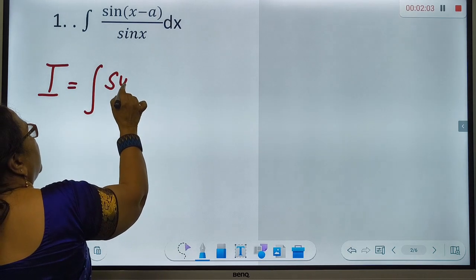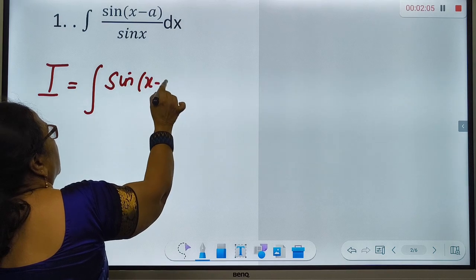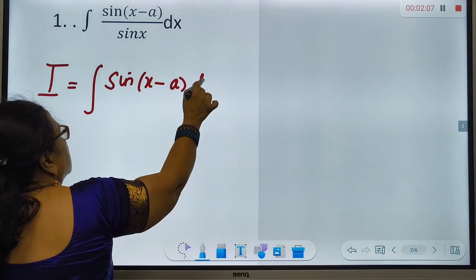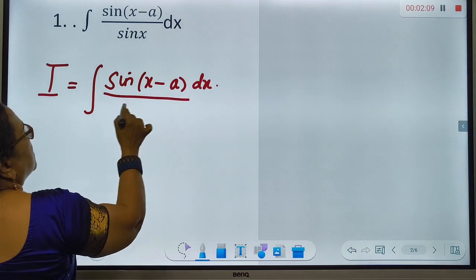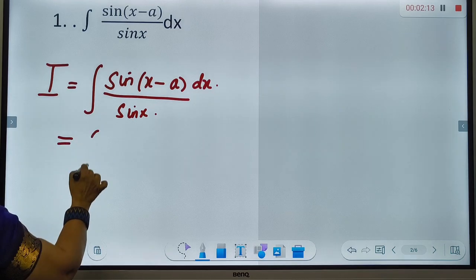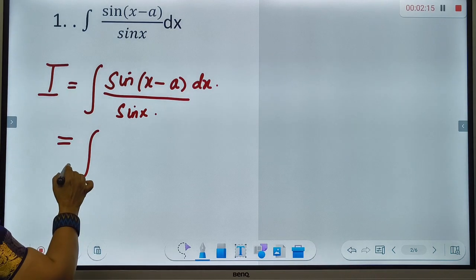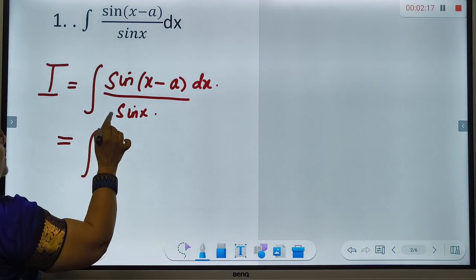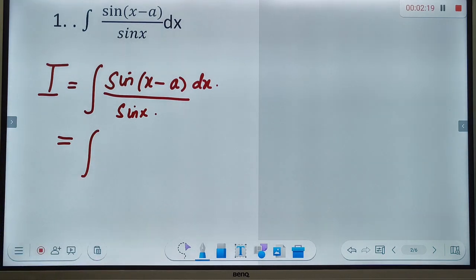integral of sine of x minus a dx by sine x. Now I can write this as, what is there in the numerator? Sine of x minus a.